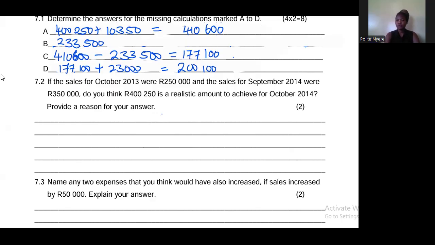This one, they want your opinion. In 2013, our sales were 250, and then in 2014, they were 350. Now they are asking, do you think that it is realistic for us to think that for October 2014 we are going to have 450? What do we think then?